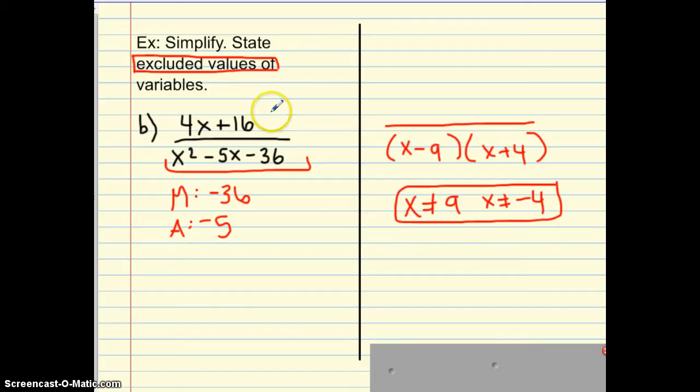Another thing that I'll draw your attention to is up here on the top, we're going to factor that out as well. So we'll have 4, and if I reverse distribute, I'll have x plus 4. So my x plus 4 simplify, and that leaves me with 4 over x minus 9, and that is my simplified version.